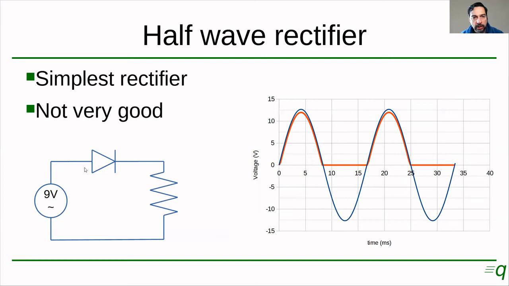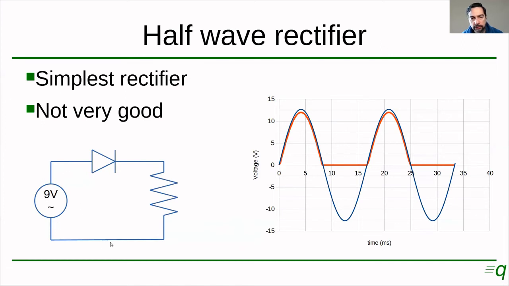Now, if we have a diode here and a resistor, when this side is positive, the diode is going to allow current to flow through the resistor and back here. Now, when the polarity is reversed, the diode is going to block the flow of current.